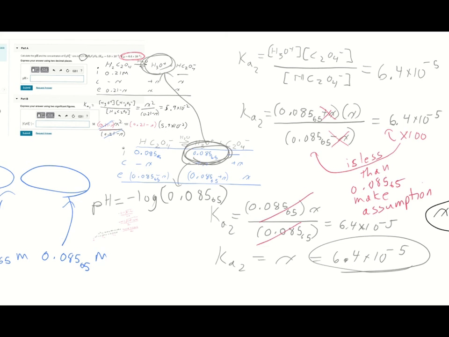So negative log of 0.08565 gives you a pH of 1.07. And those are your answers for it.